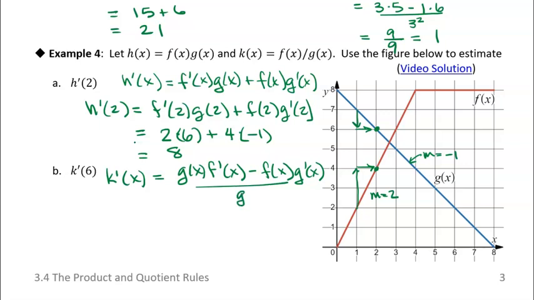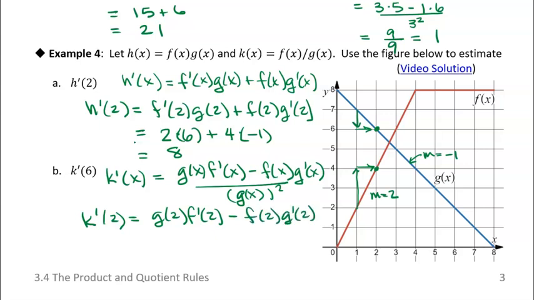So g of x, the whole thing squared. And then we need to say, okay, k prime of 2, and I'll just write it out: g of 2 times f prime at 2 minus f at 2 times g prime at 2, all over g of 2 squared. Okay, I'm just substituting 2 in place of x.